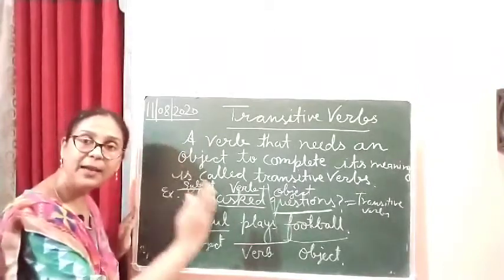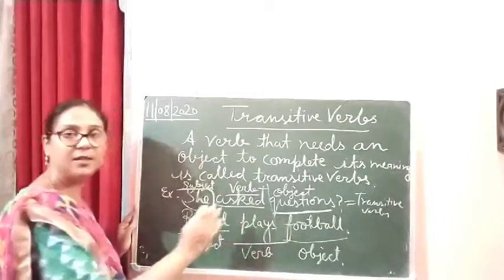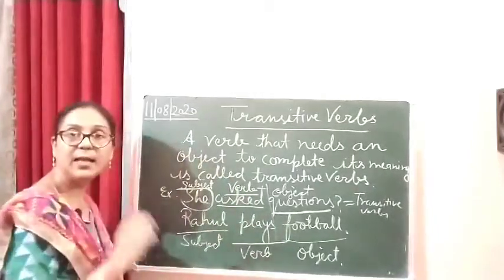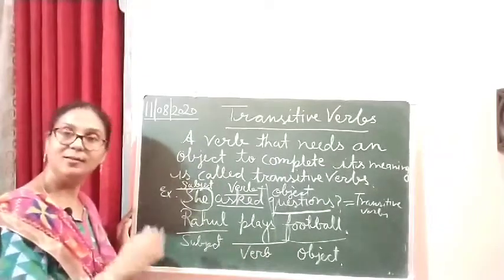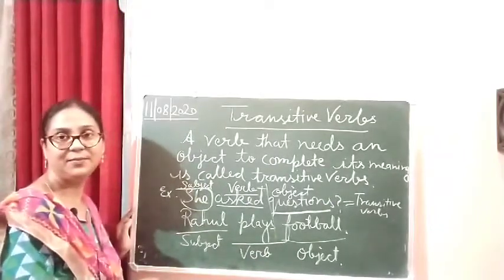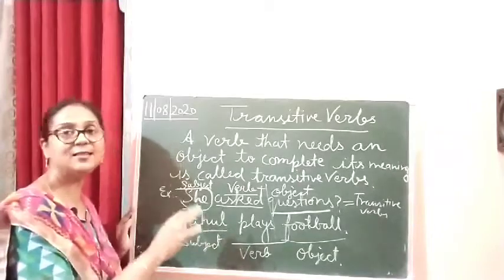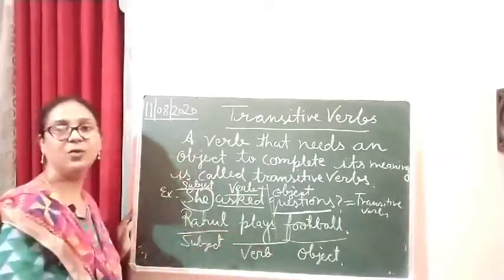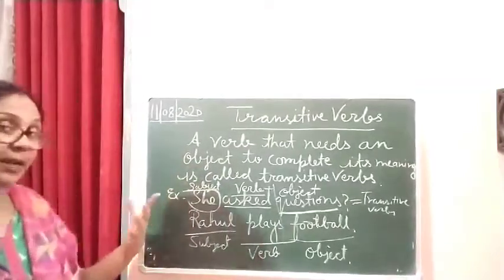So to complete and give the sense of the sentence, to give the sense of the verb, that is called transitive verb. And a transitive verb always needs an object to give the sense to the verb, to complete the verb.